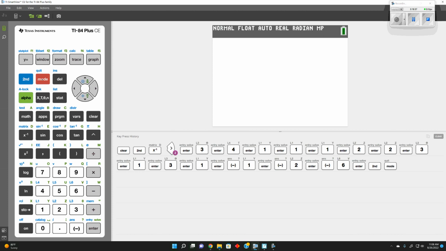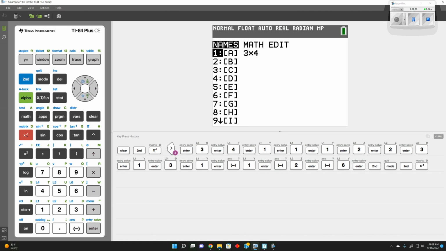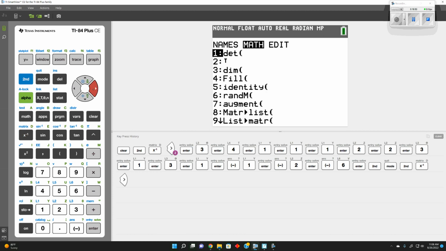So we're back to here. Yes? Okay. What we're doing next, so the first thing is we put the matrix into the calculator. Now we want to calculate this here. So we're going to go second matrix again. But this time, instead of going to edit, we're going to go to math.